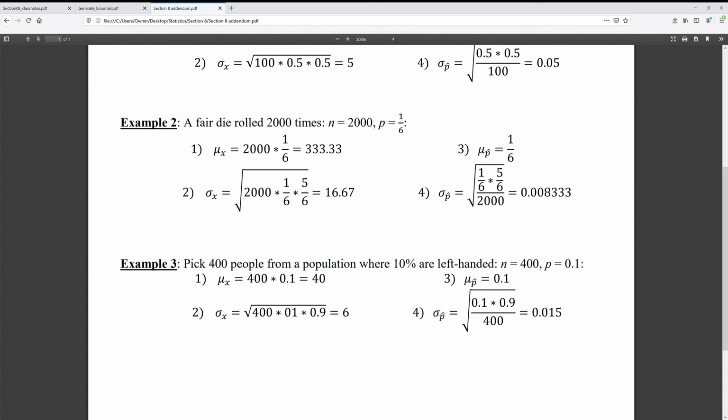Now, look at where we're going with all this. You know, if you picked 400 people from a population where you're told 10% of them are left-handed, and you got 43 left-handed people, it wouldn't really bother you. But if you got, let's say, 100 left-handed people, or 200 left-handed people, that would kind of bother you, right?